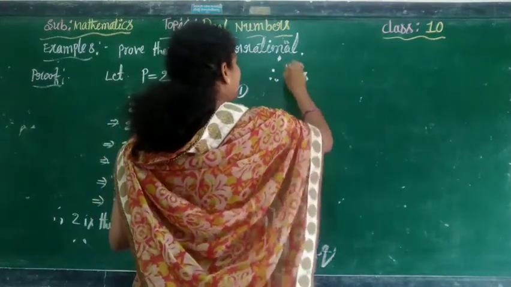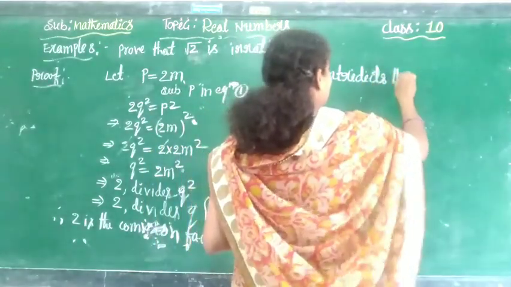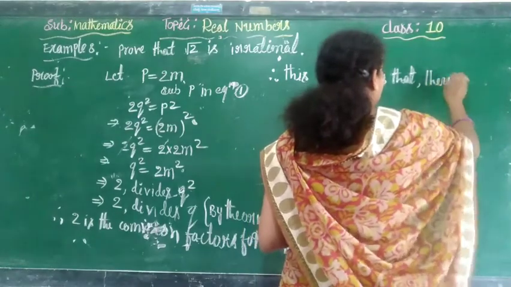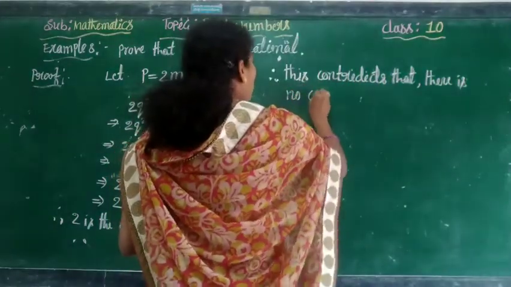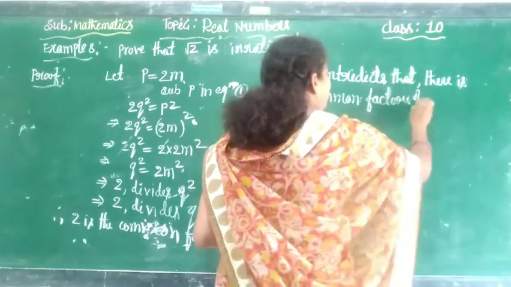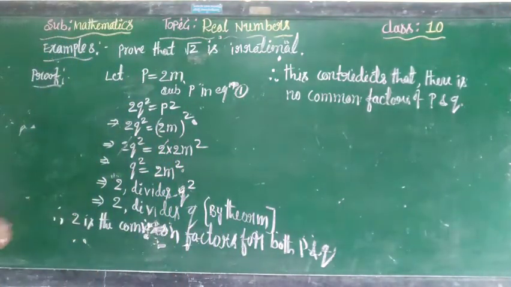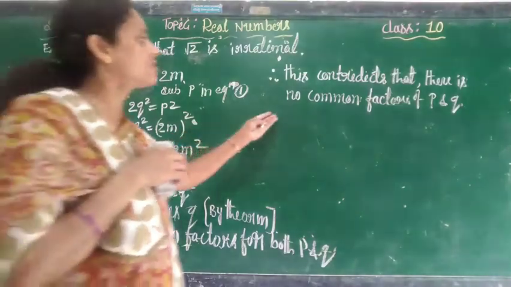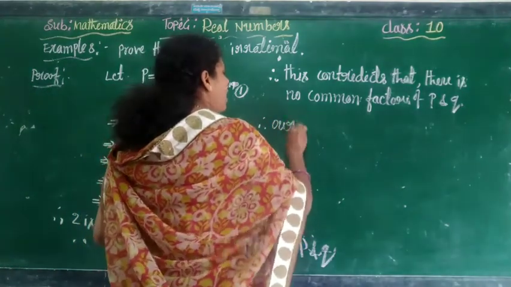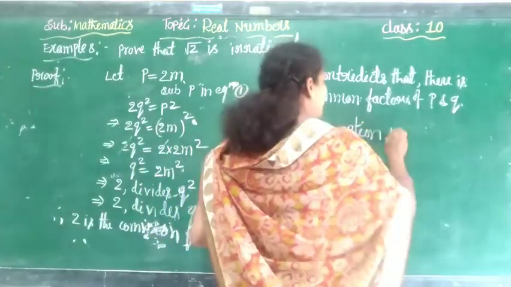Therefore this contradicts that there is no common factors of P and Q. Once again, this contradicts that there is no common factors of P and Q. So therefore our assumption is wrong.